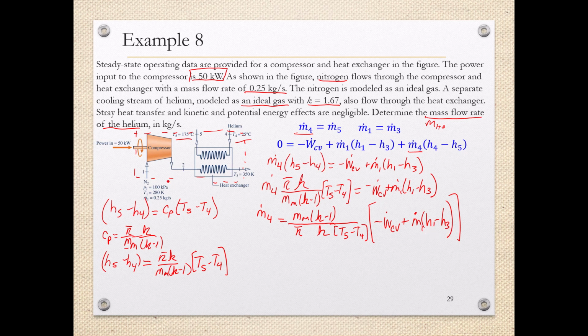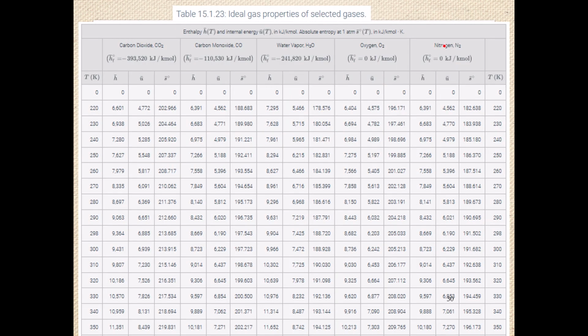h3. And I look here and I see that this is an ideal gas. So I'm given pressure and I'm given temperature, and so we're going to look at a table. And this is for the ideal gases, right? We have 280 Kelvin, and we're looking for h.